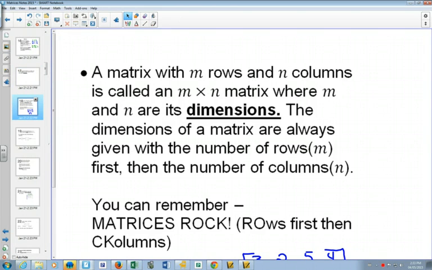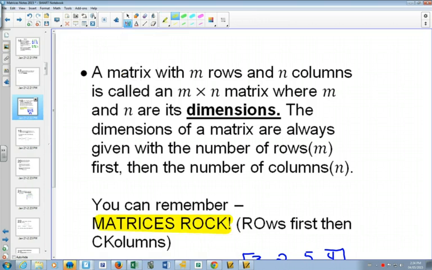And we say the dimensions of a matrix, just like we would say the dimensions of a rectangle are one side by another side. And we would say m by n. We always do rows first and then columns. And the easy way to remember this, and I've got it in your notes right there, right?